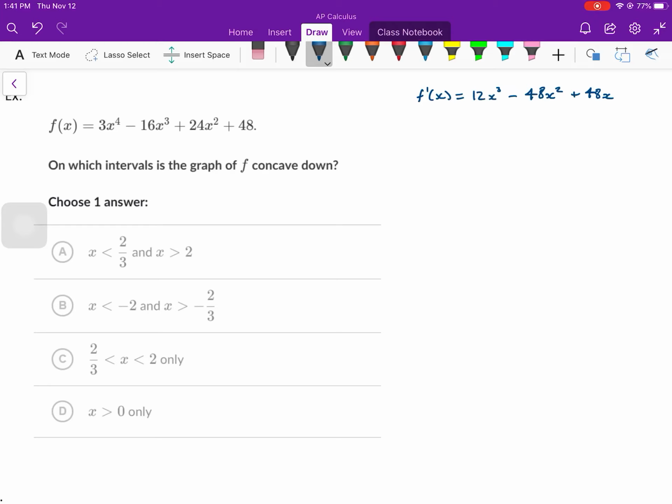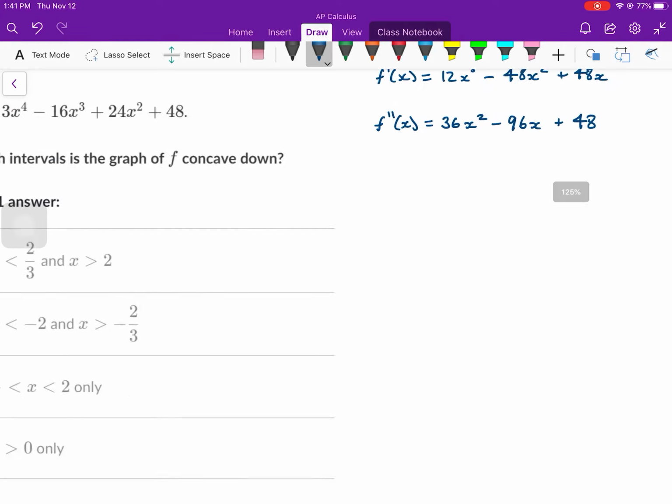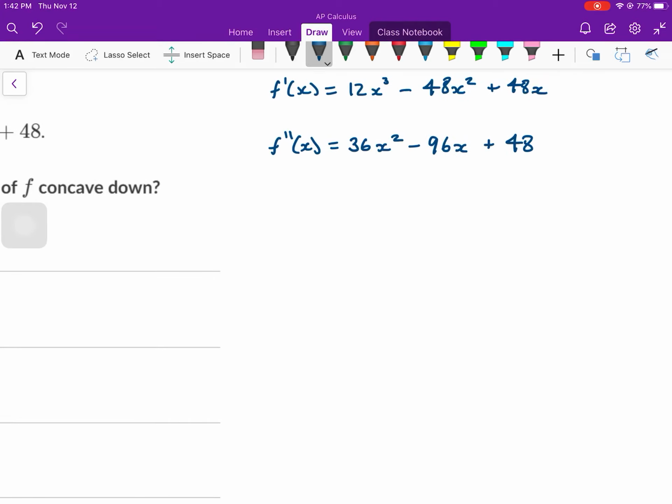That's correct. So then let's take our second derivative. And I'm trying to think, what do these all have in common that we can factor out? And I'm thinking 12 for now.